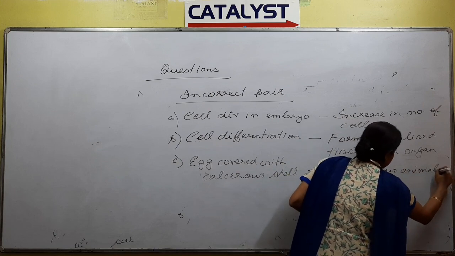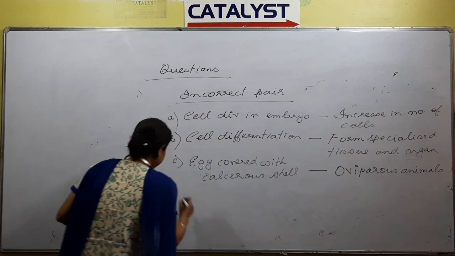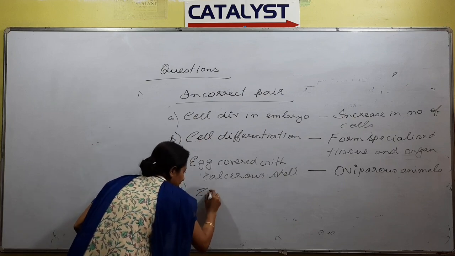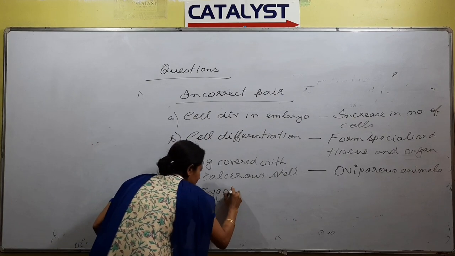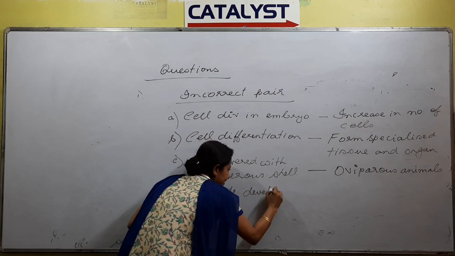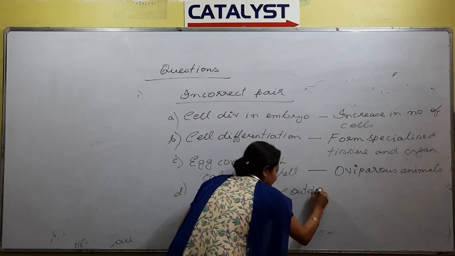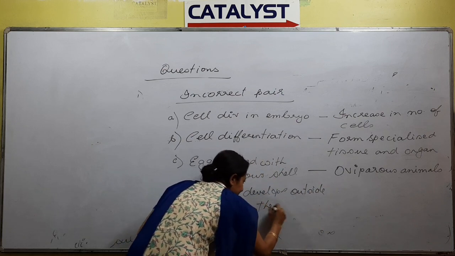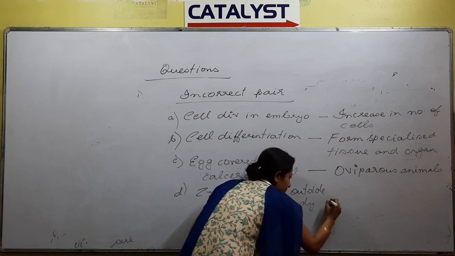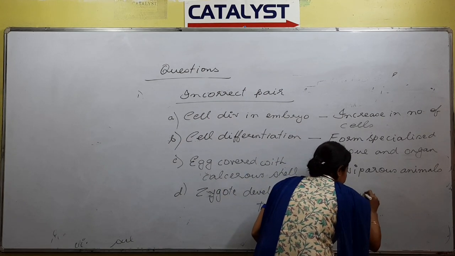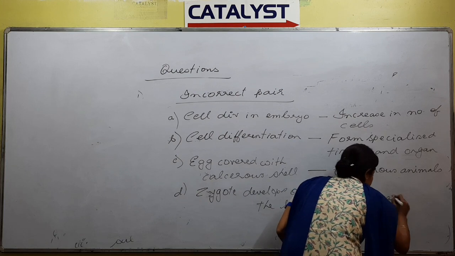And the last option, zygote develops outside the body in viviparous animals.